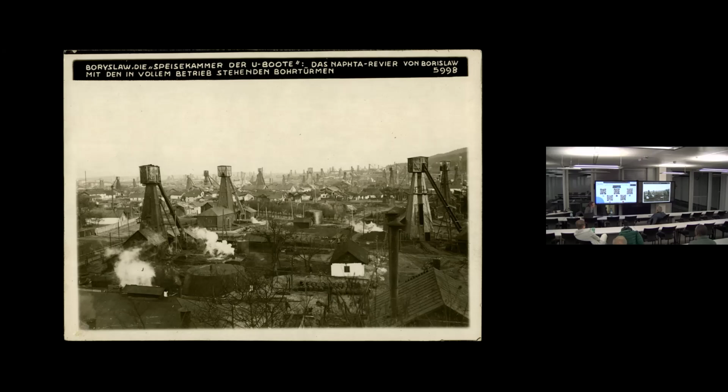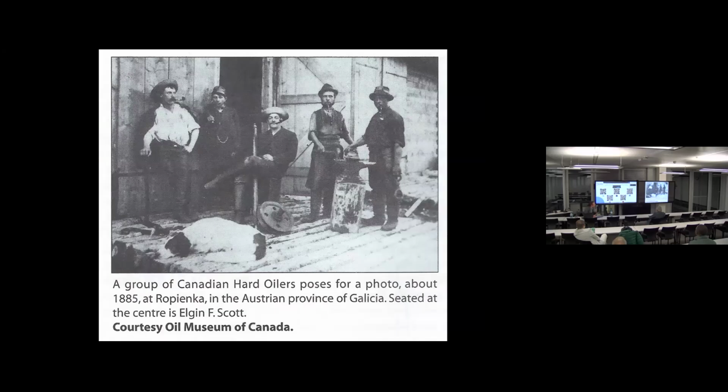Yeah, and so this was really the most important oil resource for Germany and Austria in the First World War, and of course it was not enough for winning the war, but already by then this area, and this is important for Anthropocene thinking, was not a local industry. It attracted a lot of people from Canada, for example.